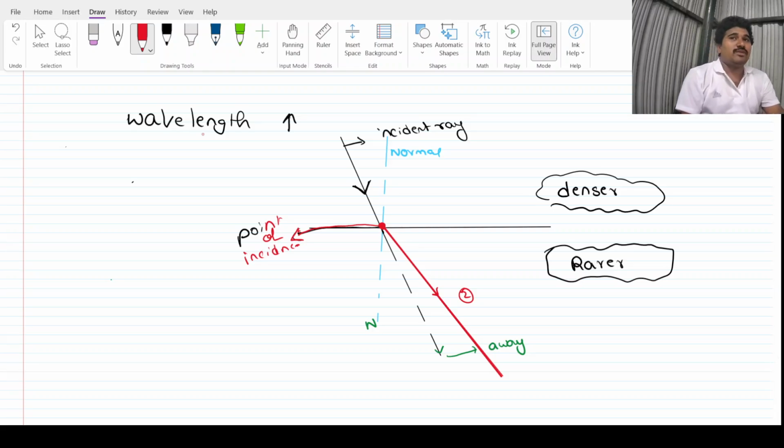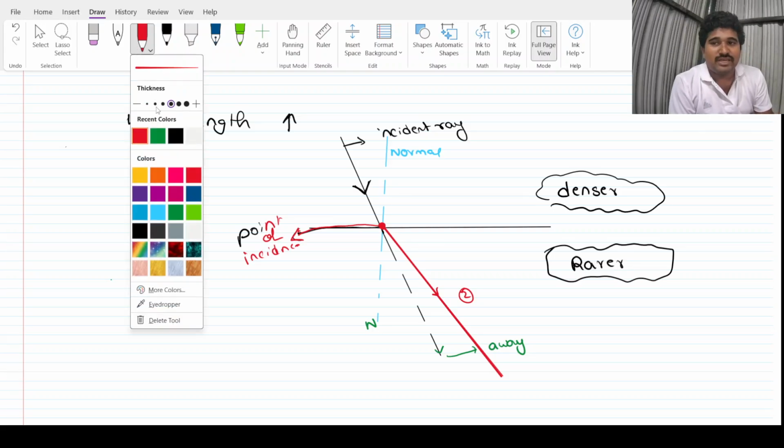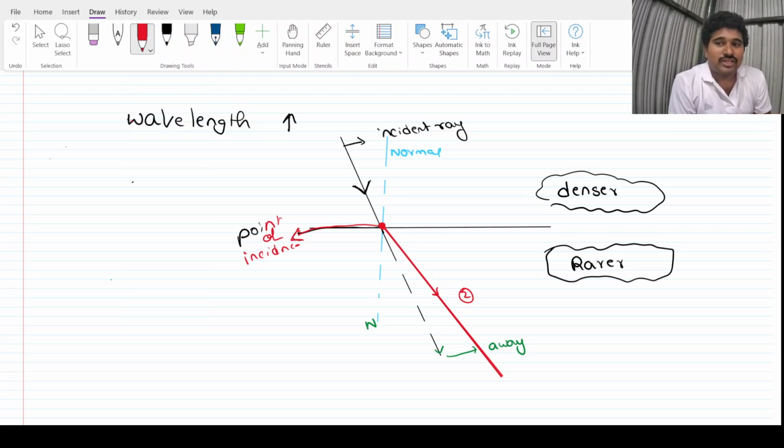Okay, I will ask you now. So there are two situations. One situation, light is traveling from rarer medium to denser medium. Will the light bend towards the normal or away from the normal?